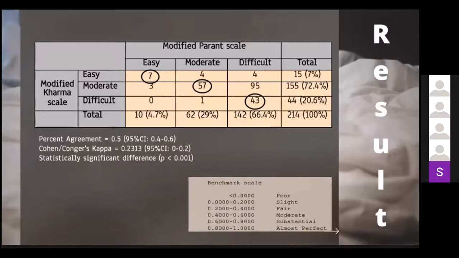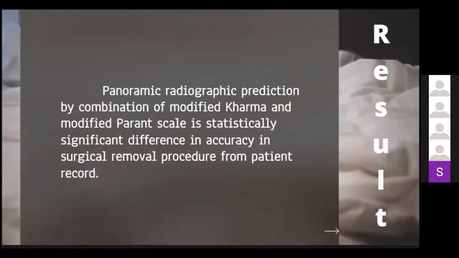This value shows a statistically significant difference in accuracy in the surgical removal procedure from the patient record. Thus, using this proposed preoperative modified Parant scale and postoperative modified Parant scale for forecasting a difficulty in the procedure qualifies as fair.